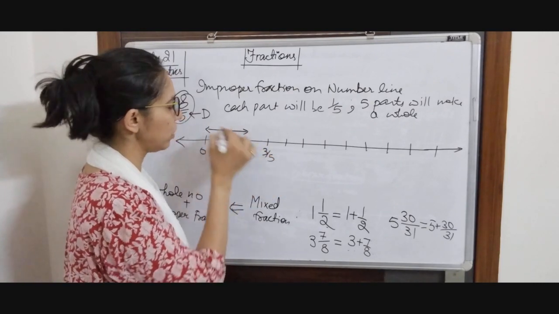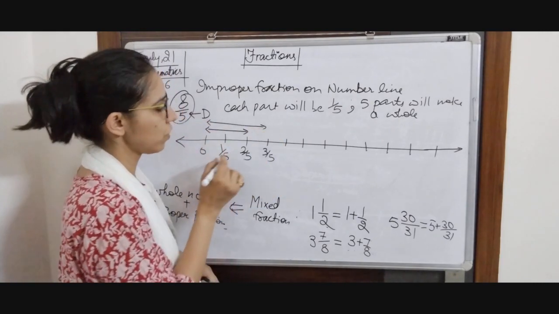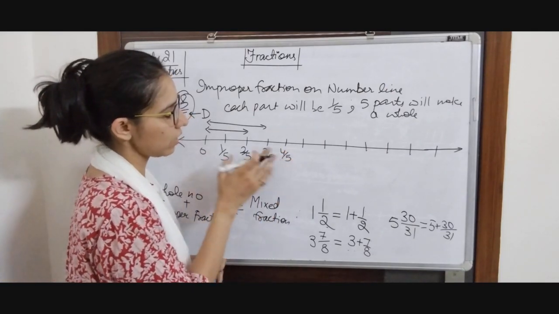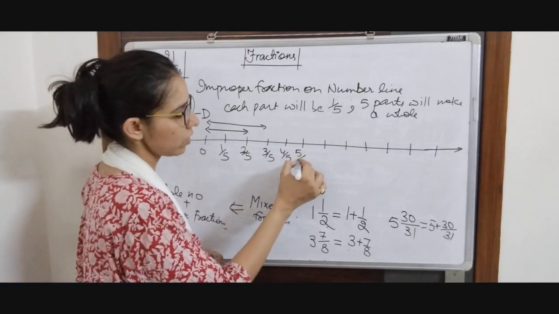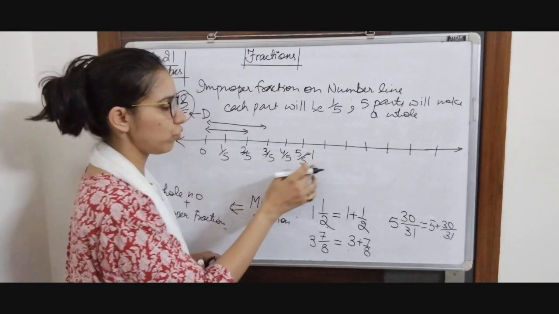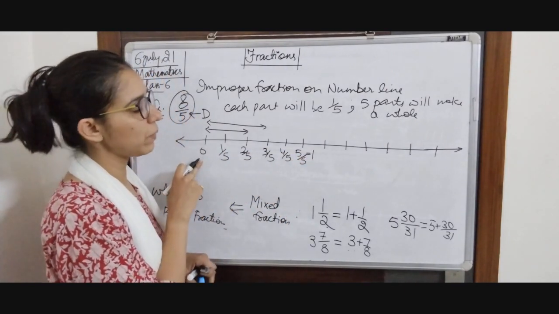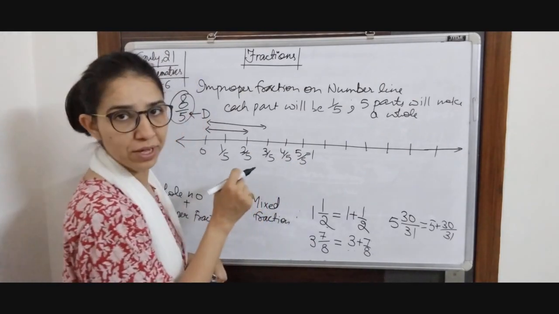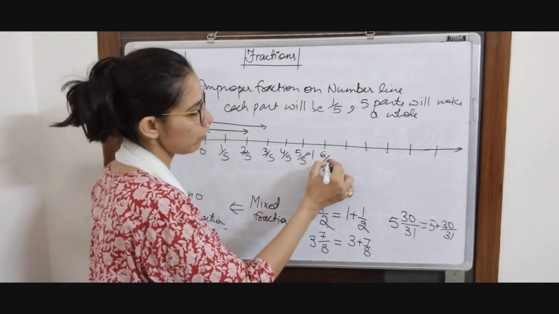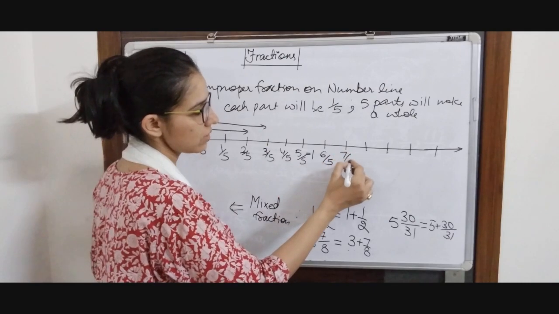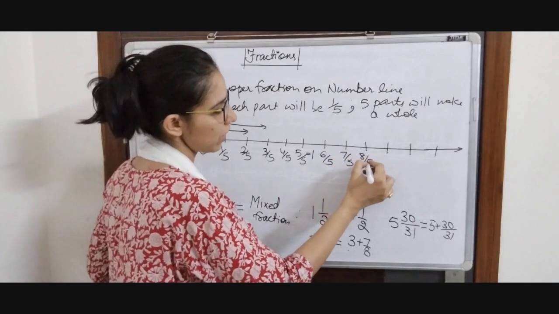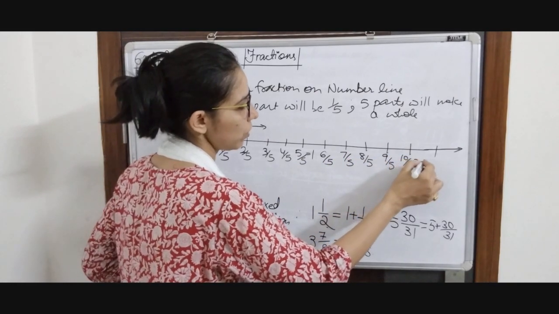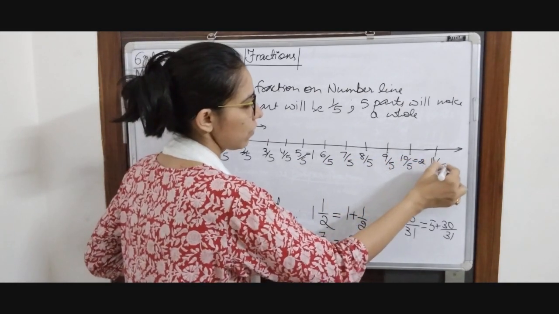Then this is going to be 3 by 5, 3 parts of 5, like we have done in proper fractions. 4 by 5, 5 by 5. This we used to do in proper fractions, but because this is improper, we have to move beyond 5 by 5. Next will be 6 by 5, then 7 by 5, 8 by 5, 9 by 5, 10 by 5. 10 by 5 is going to be 2, then 11 by 5.